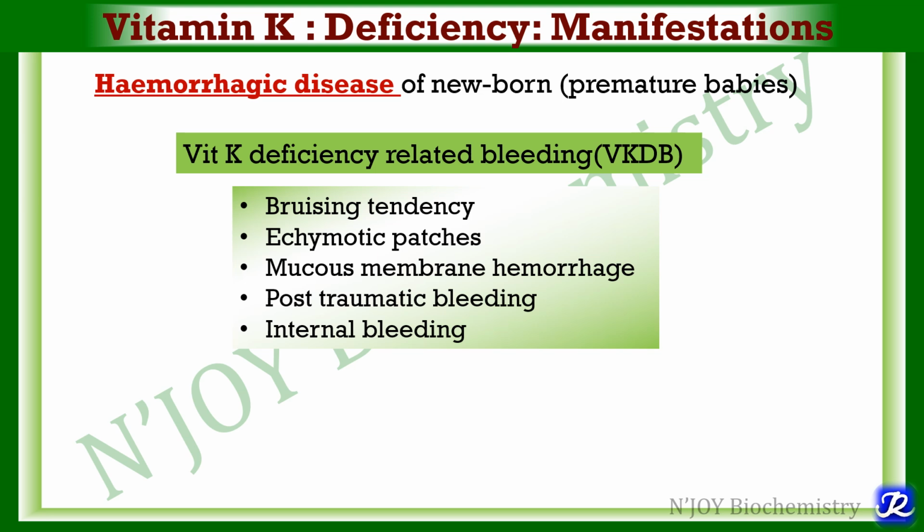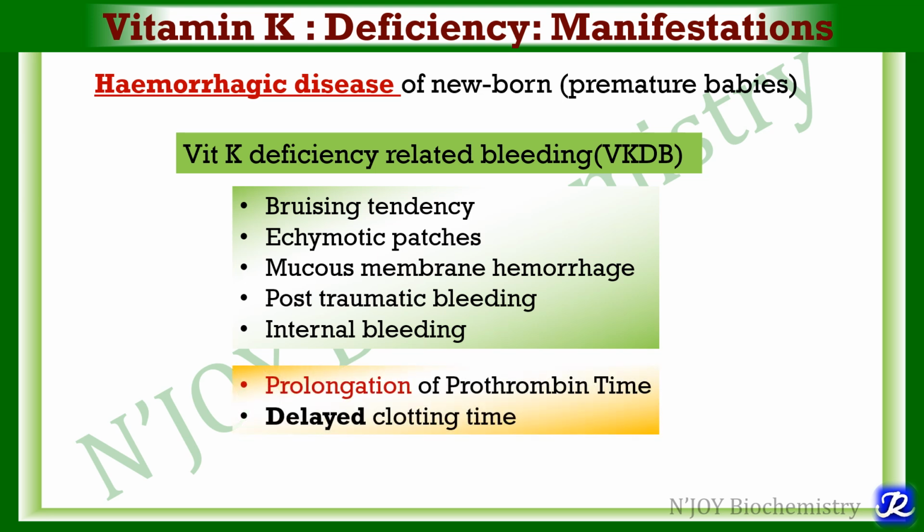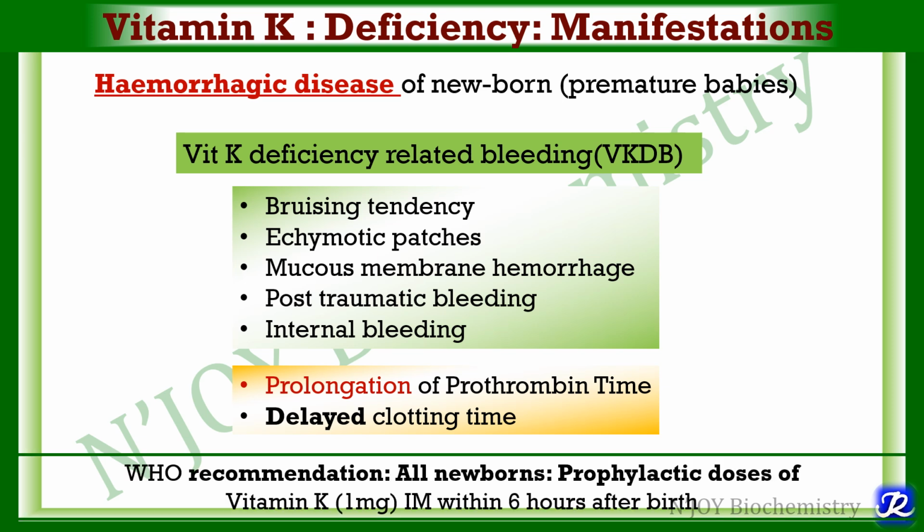Even with minor injuries there is profuse bleeding. And here prothrombin time is prolonged in case of vitamin K deficiency, and the clotting time is delayed. As per the WHO recommendation, all newborns should be given prophylactic doses of vitamin K, that is 1 milligram intramuscularly, preferably within 6 hours after birth.